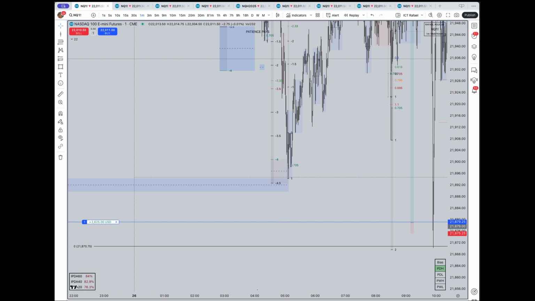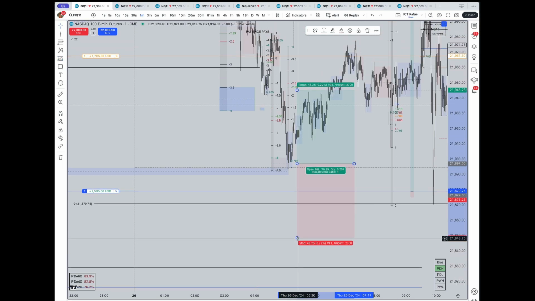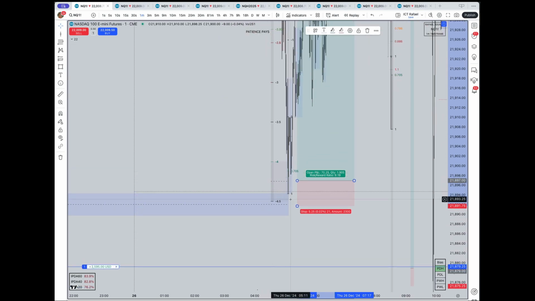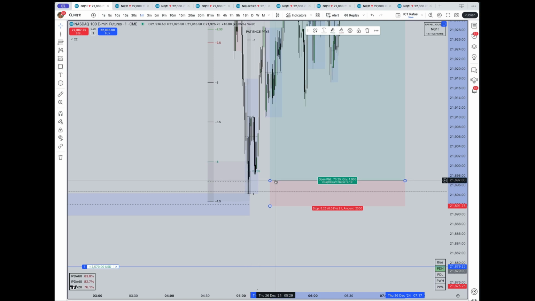I enter, I guess it was on the 5 minutes here with a stop loss. I entered after this wick. I enter here, and I put the stop loss here.